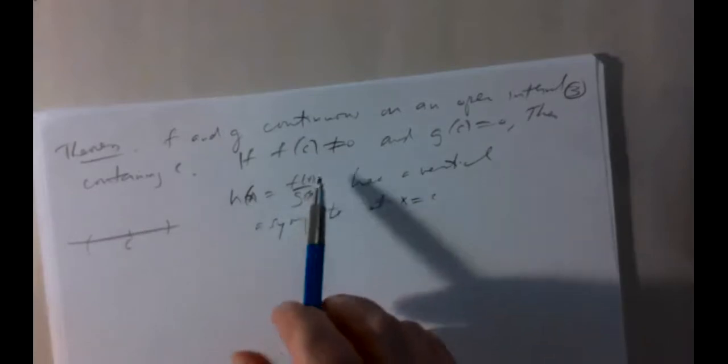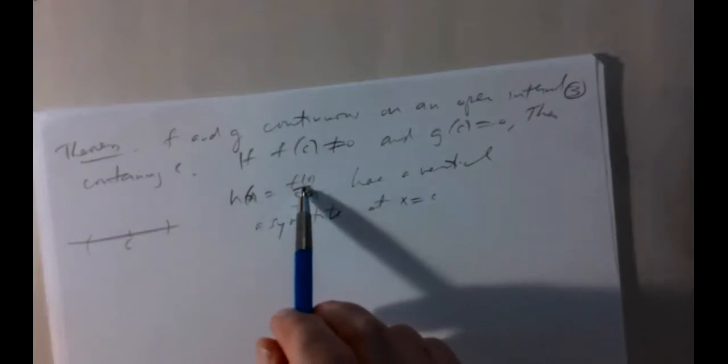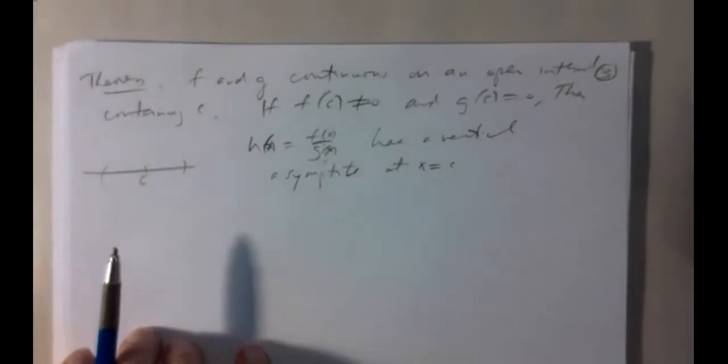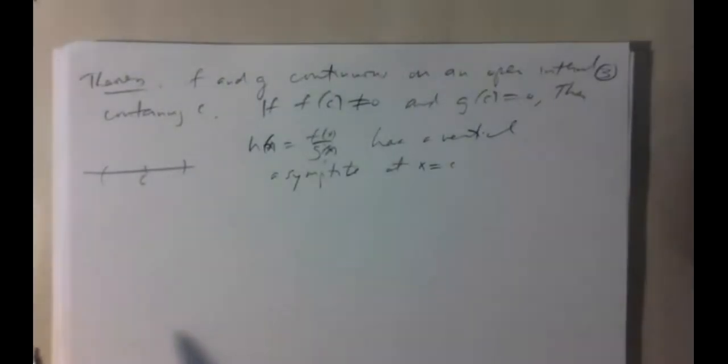Because as x approaches c, f of x is approaching some non-zero number, but the denominator is going to 0, so the function is going to plus or minus infinity. Any questions about this?